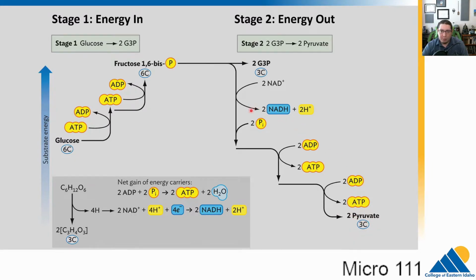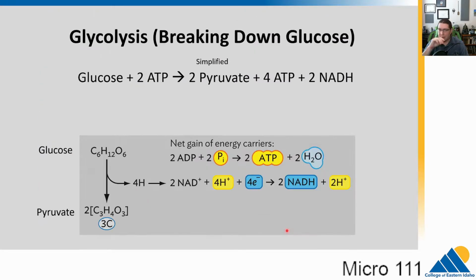In the process, NADH is made and ATP is made. So you could write this reaction: glucose plus 2 ATP as inputs become 2 pyruvate, 4 ATP, which is a net of 2, and 2 NADH molecules.